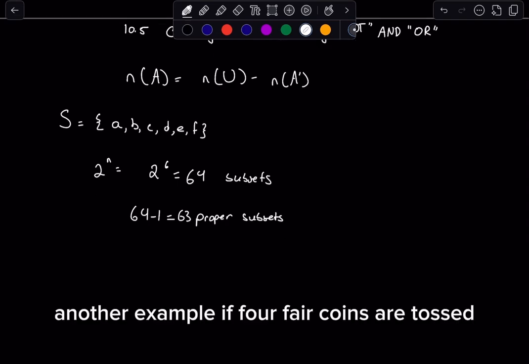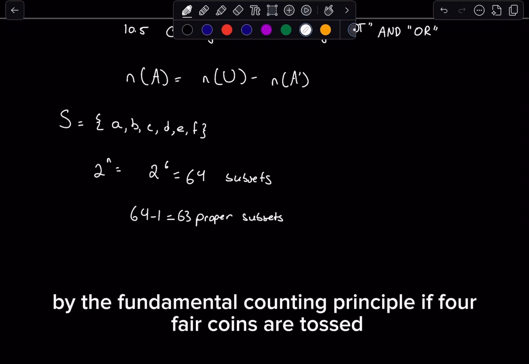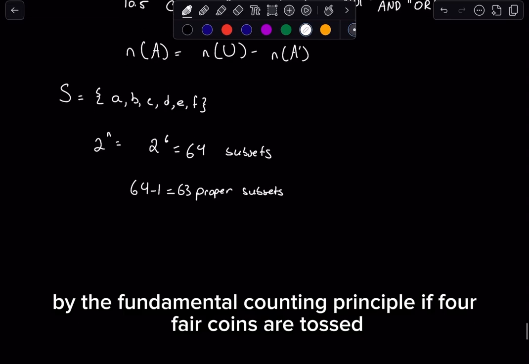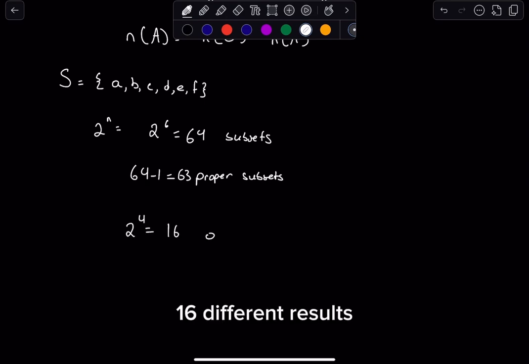Another example. If 4 fair coins are tossed, in how many ways can at least one tail be obtained? By the fundamental counting principle, if 4 fair coins are tossed, there are going to be 16 different results.